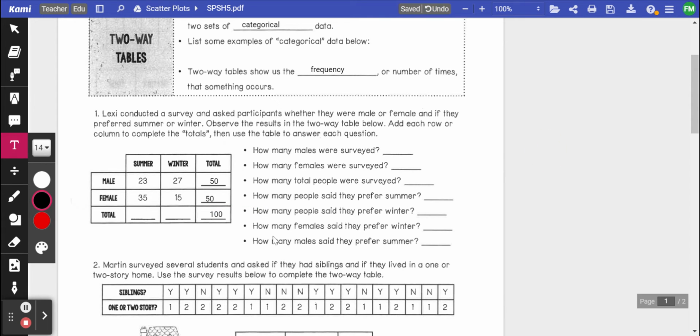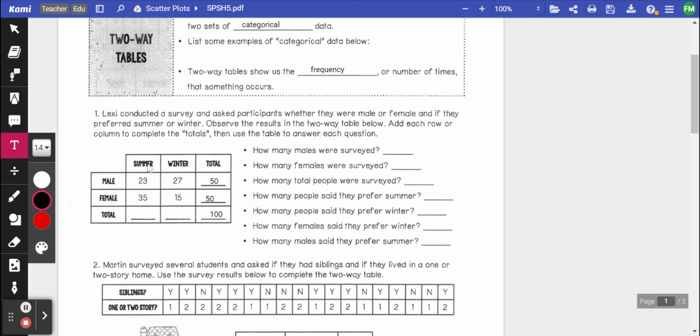What it's saying is there were 23 males that preferred summer and 27 males that preferred winter, a total of 50 interviewed. Then for female, 35 prefer summer, 15 prefer winter, 50 total female, with 100 total people interviewed.